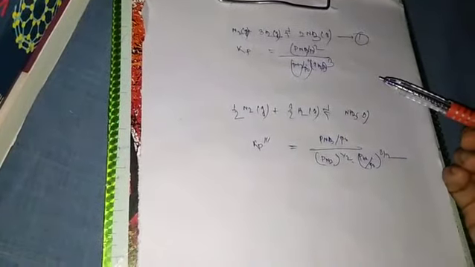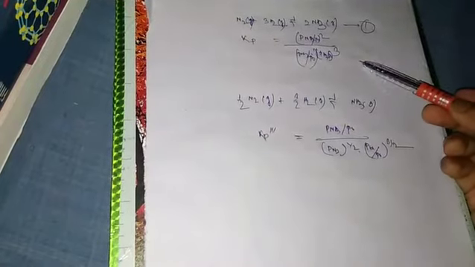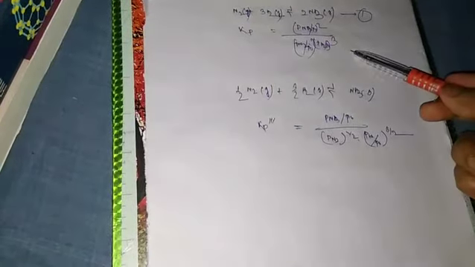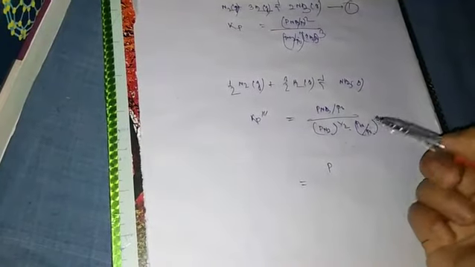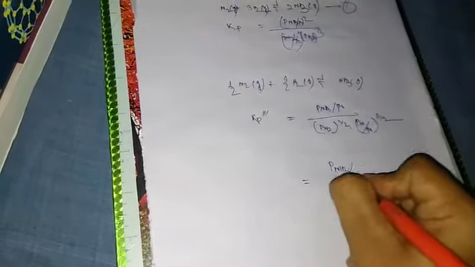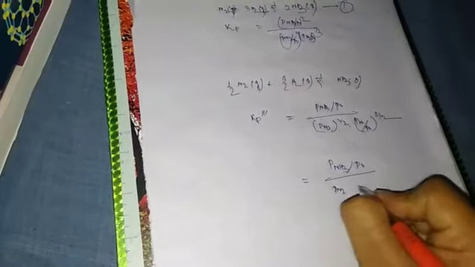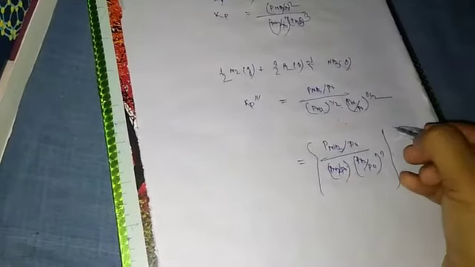Look carefully: the original equation is the square form of this, and this equation is the square root of that equation, known as Kp.